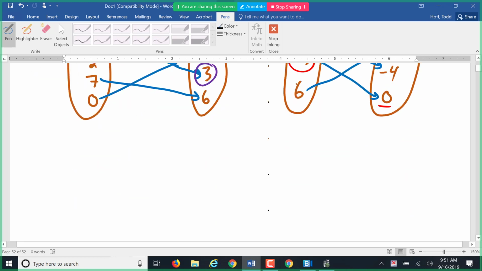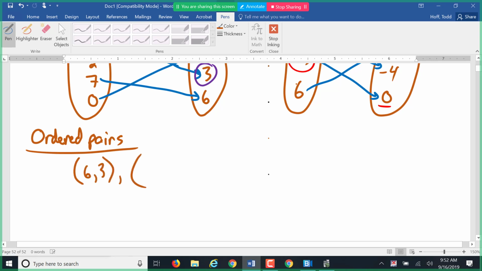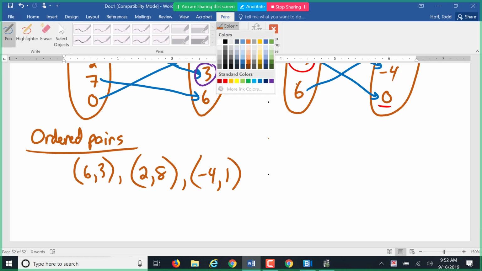We also have another way of expressing these relations, and that's ordered pairs. An ordered pair would look just like this. (6, 3), (2, 8), (-4, 1). That's a set of ordered pairs for a relation.